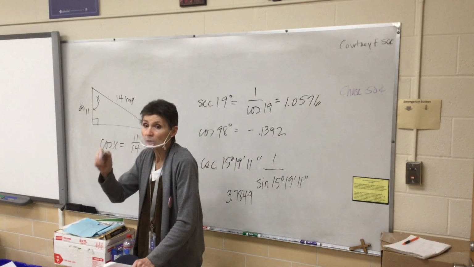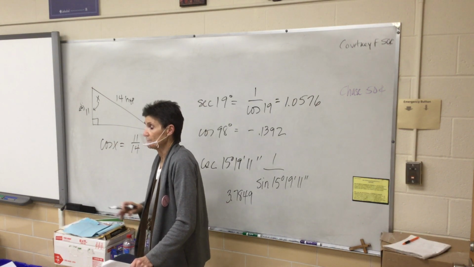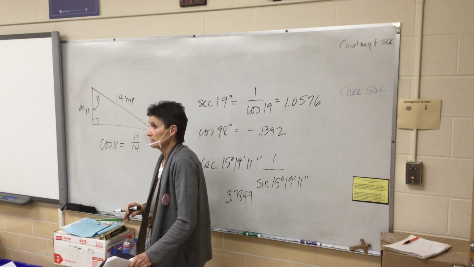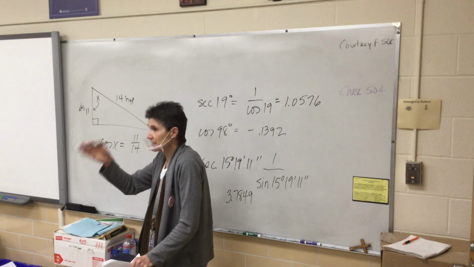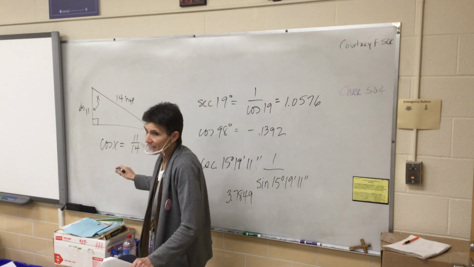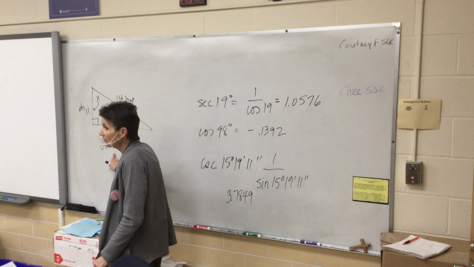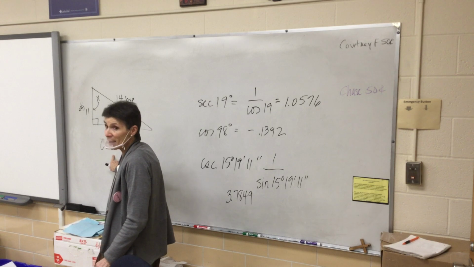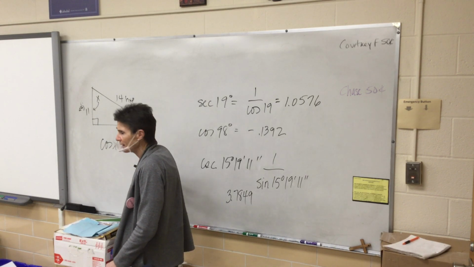Remember, the angle always goes with the cosine, or the sine, or the tangent. The degree always goes with the word. Now, how do we solve that though? When they're hooked together like that, and that's the variable, don't do any math. Don't multiply by 14 or anything goofy like that.